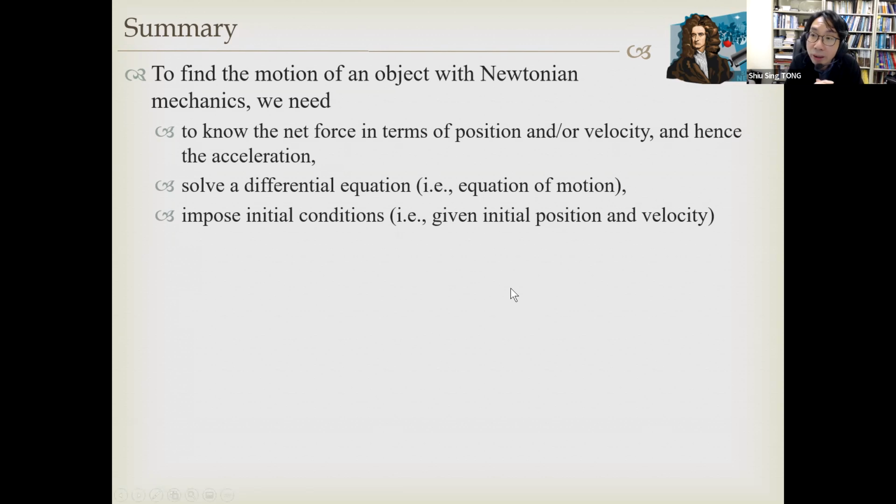But before going further, because I talked about solving differential equations and I talked about integration, right? When you go from a to v to x, effectively you are doing an integration, but sometimes not in an explicit way. When you solve a differential equation, you actually integrate the equation. So it is time for us to have a brief review of integration before proceeding further.